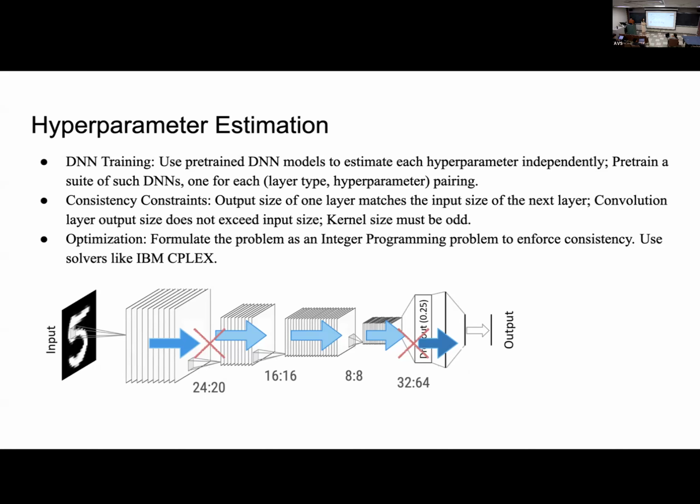After they obtain the output of the DNN models, the problem here is that there will be consistency constraints on the DNN models. For example, the output size of one layer must be the same as the input size of the next layer. And there are also other constraints similar to this. But the output of each DNN model will be independent. So how to combine these together to satisfy all of these constraints?